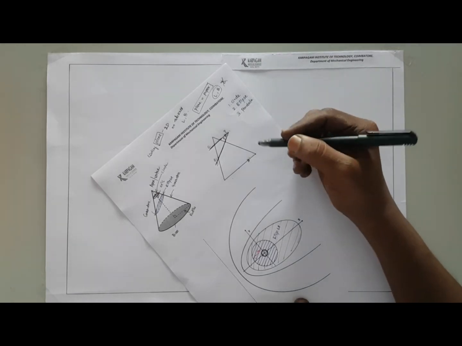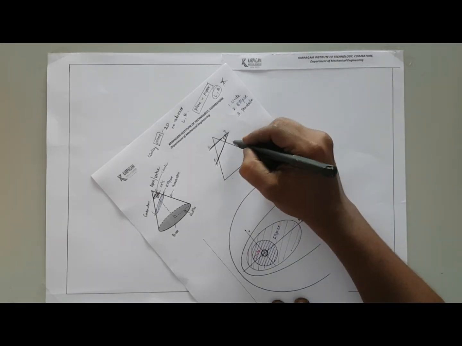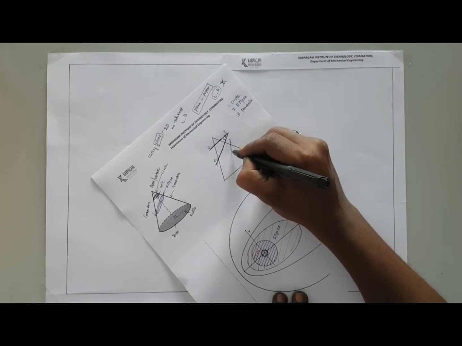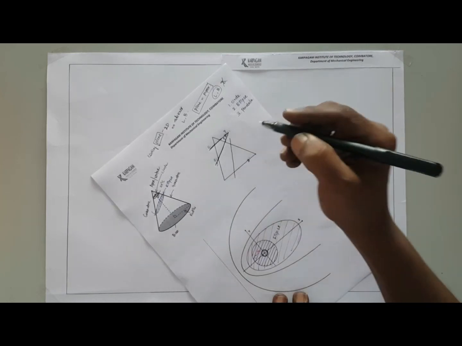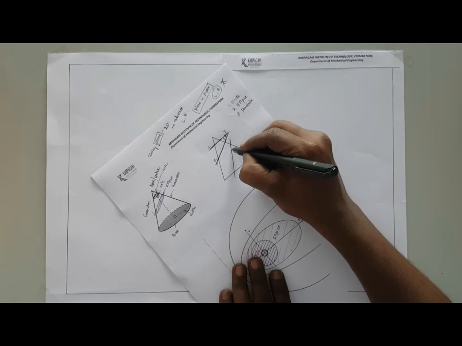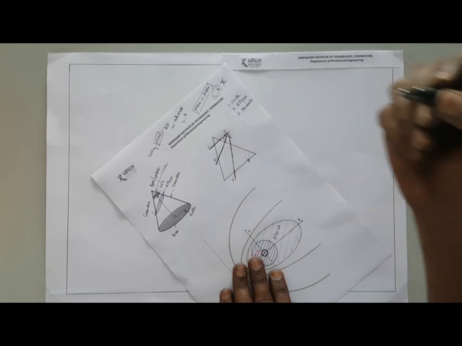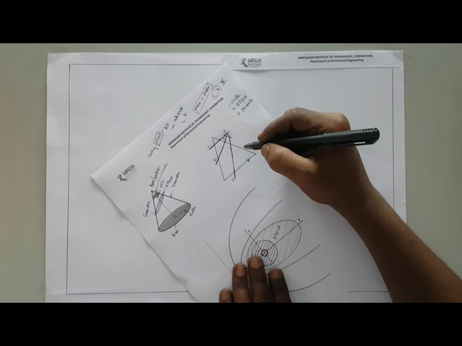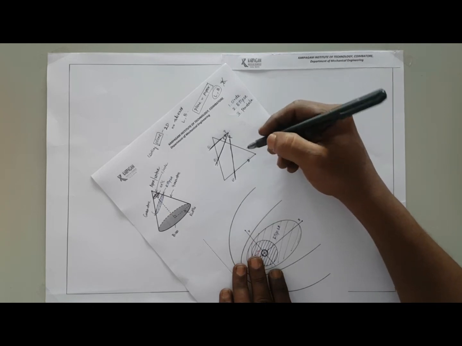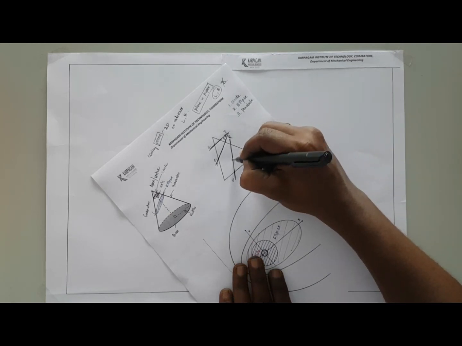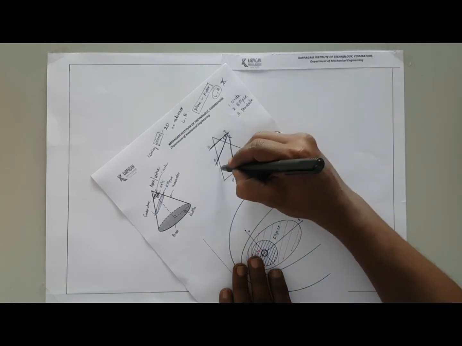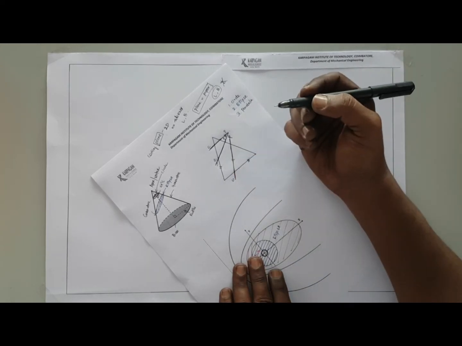Take the same cutting plane and cut the cone like this. The condition for cutting the cone is the cutting plane should be parallel to one of the generators in the cone.